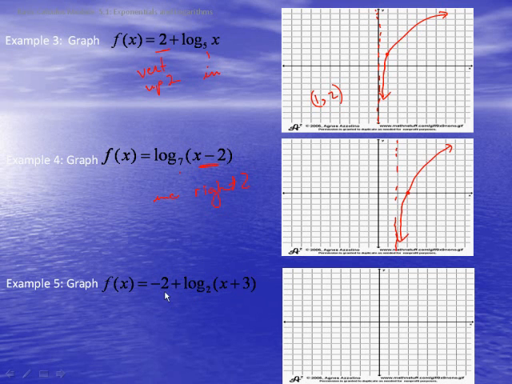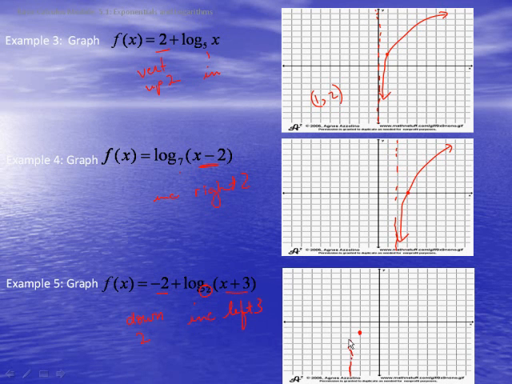Example 5, again, notice here we have a vertical shift which is down 2. Notice that we have an increasing function. We're going to shift left 3. So if our point was originally at 1, 0, and we're going to shift left 3, 1, 2, 3, and we're going to shift down 2, 1, 2, there's my new reference point.